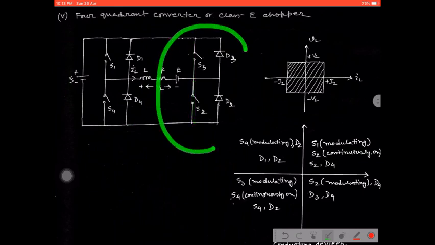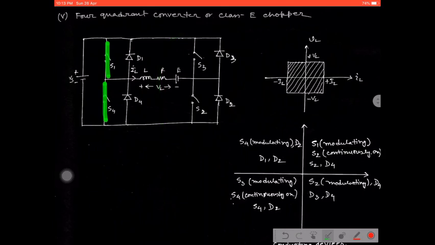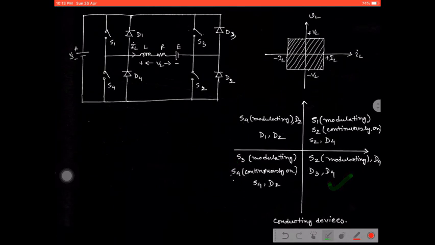And in another mode of operation, when this part tries to operate, then that part can be short circuited. That is why in all the cases we are applying the switching devices as well as the conducting devices.